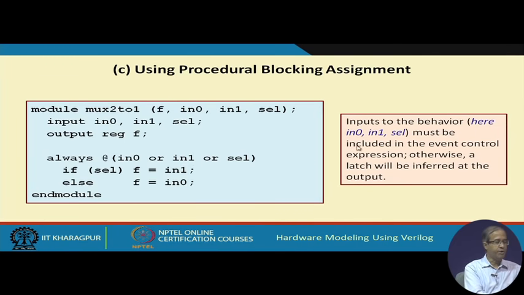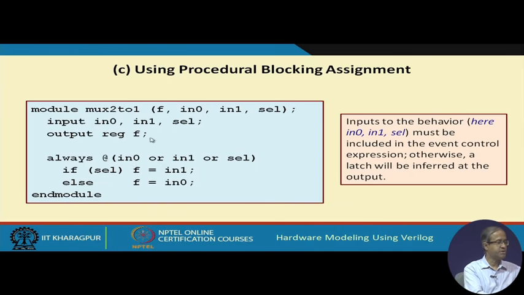So, the point to note is that when you are specifying a combinational logic like this, your activity list must contain all the inputs. In this case, the inputs are in 0, in 1 and sel. So, all the inputs of the behavior which are used in this procedural block must be included in the event control, because if you do not do it, the synthesis tool will assume that those are not the inputs, but still you are using it.